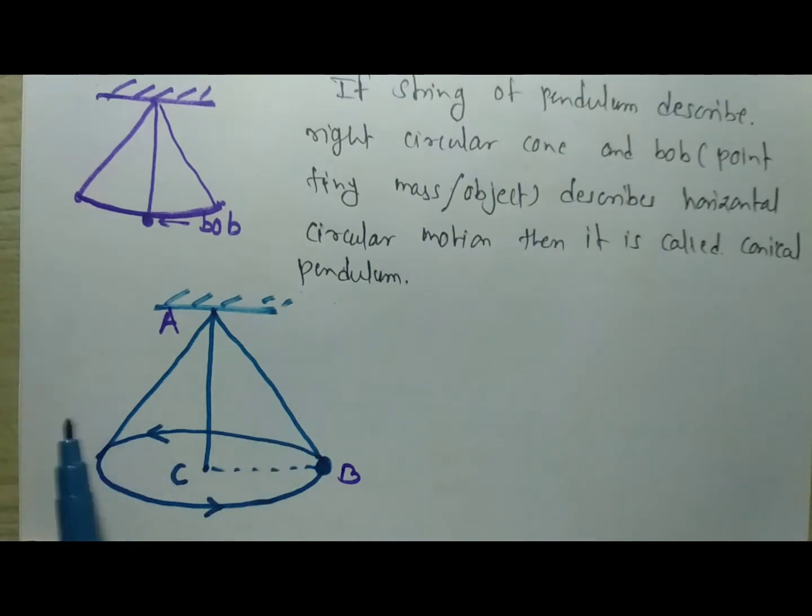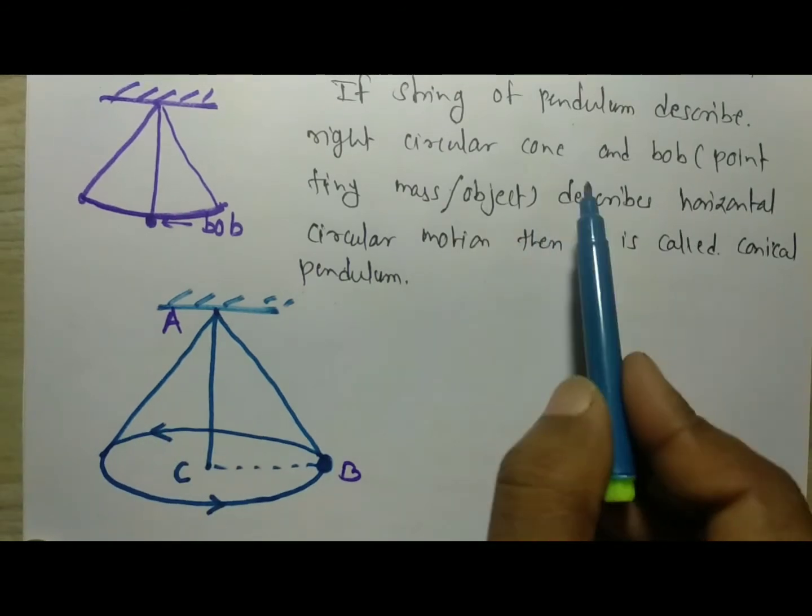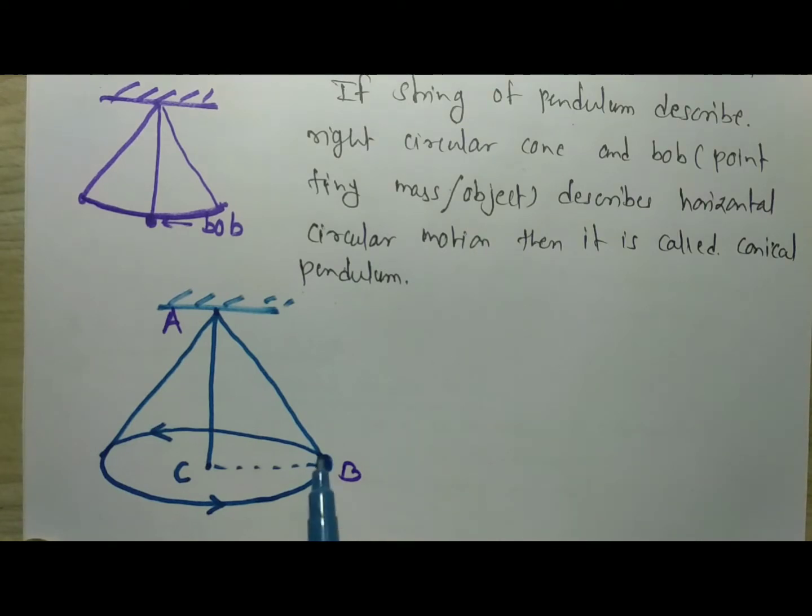That means the string describes the cone here. It is like an ice cream cone, inverted, and the mass or object describes the horizontal circle here. Let r be the radius of that horizontal circle, and A be the suspension point of that pendulum.